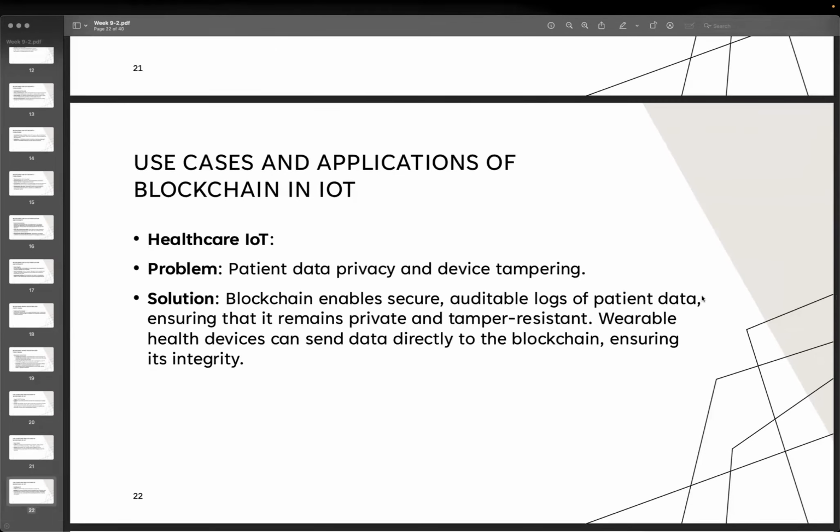Sometimes we see healthcare, which involves patients who may have a fit band or drinking habits, so it always involves their personal information, their data privacy, or some temporary devices. The same way, we can ensure secure and auditable logs.